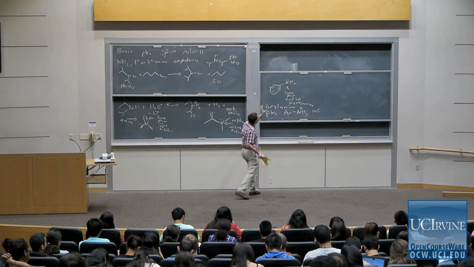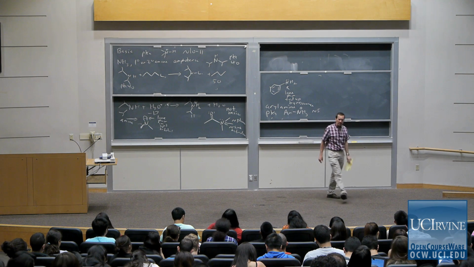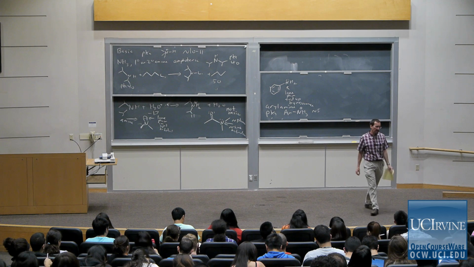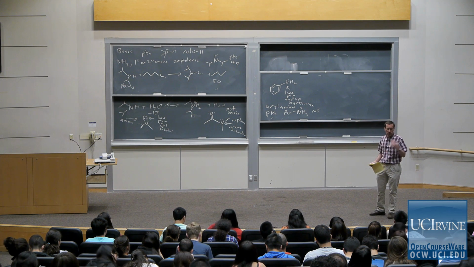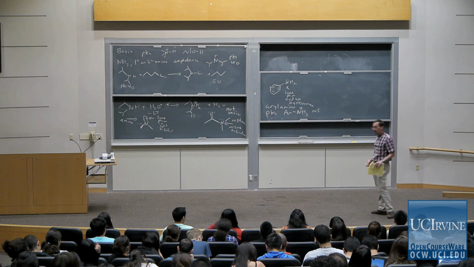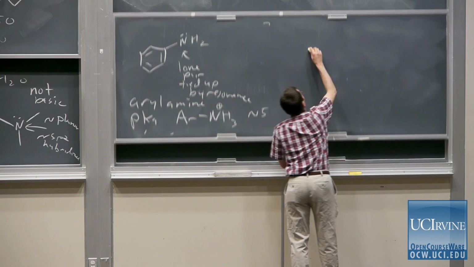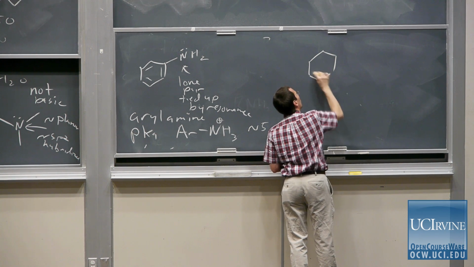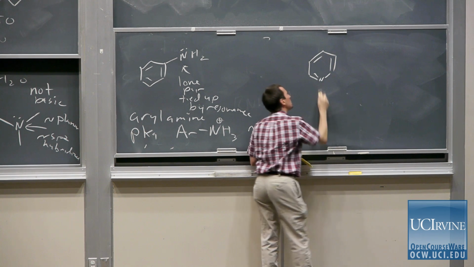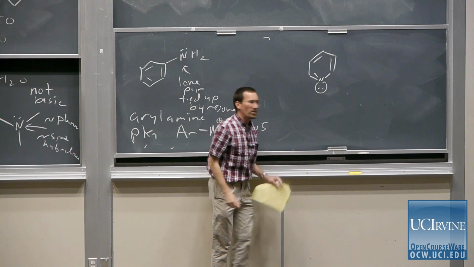There are other nitrogen-containing organic compounds. There are all sorts of nitrogen-containing heterocycles, and some of them you should already know from discussion of aromaticity and structure and bonding. So for example, pyridine is the nitrogen analog, and I'll draw the lone pair here just to be very explicit.